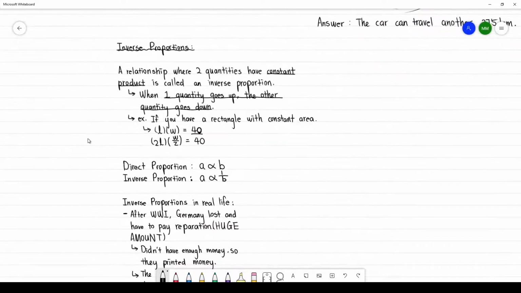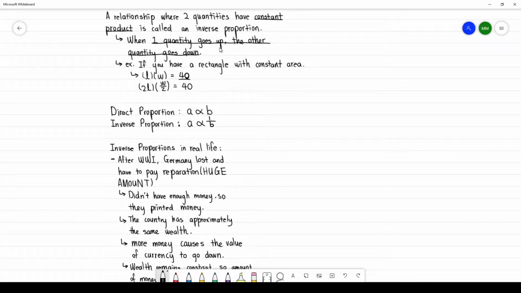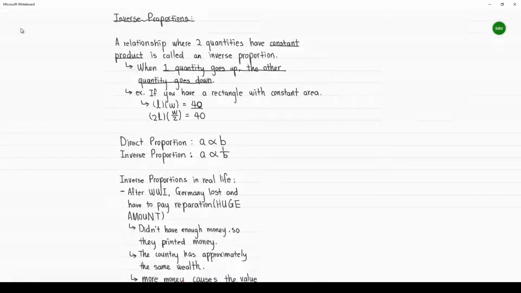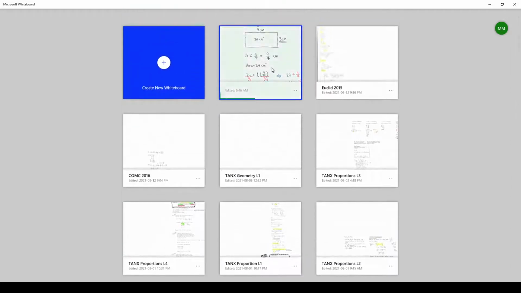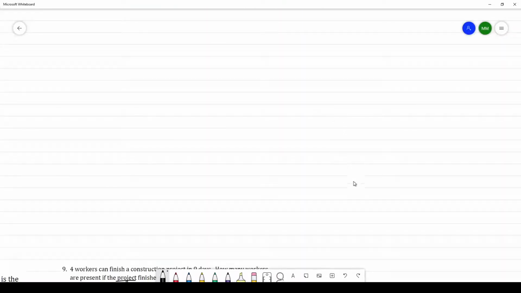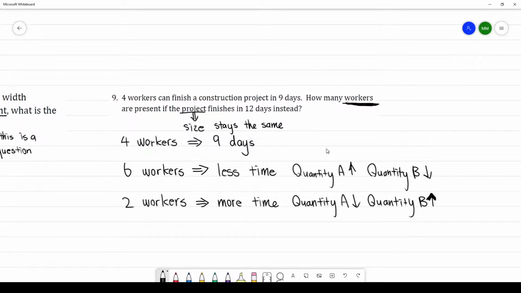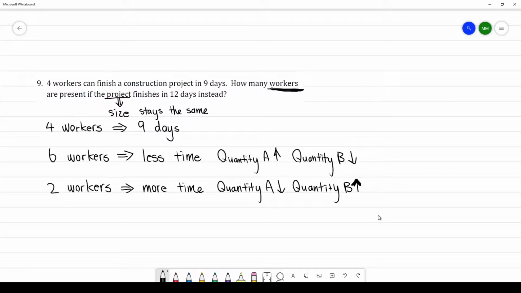So inverse proportion: when one quantity goes up, the other quantity goes down, and they have a constant product. This is the definition of inverse proportion, and this example actually defines one.